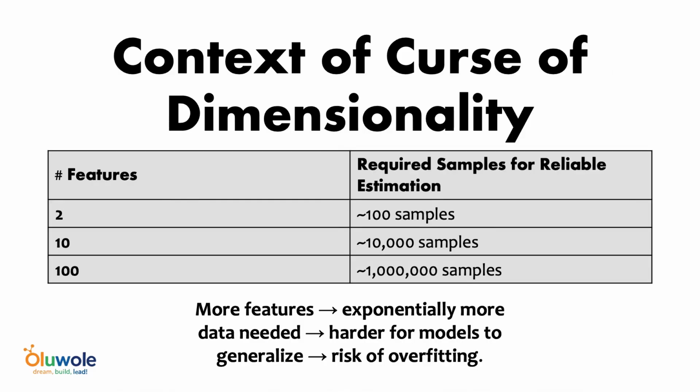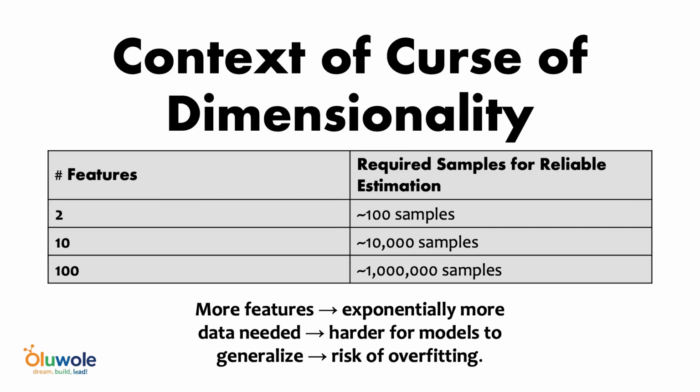All right. So what is the context? Just like we have said, you can see now, 2 features, 100 samples. Very easy, as you have said, sir. But when you now want to work with 100 features, 1 million samples, you see that there's a problem. If you create a model with 2 features and 100 samples, your model will work better than anybody that used 100 features.